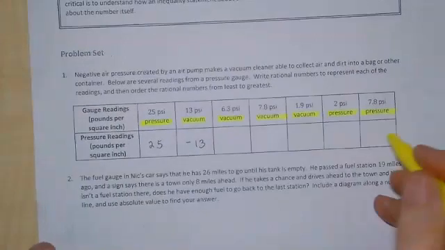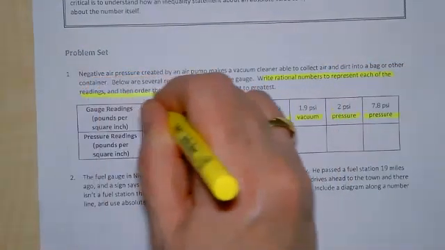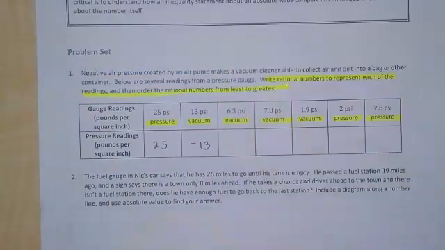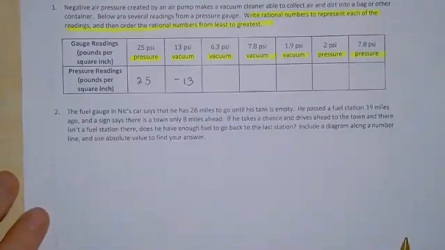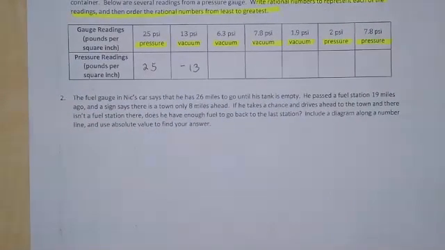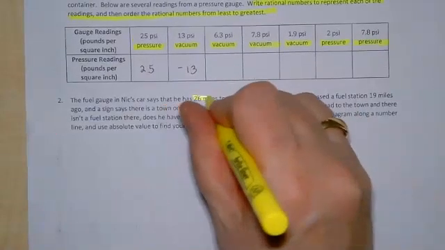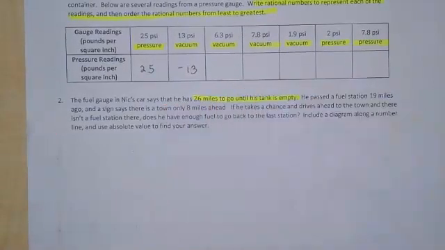So you're going to fill in the chart. You're going to write the rational numbers from least to greatest. And then I want you to go down, because before you start that, we're going to go down here and draw another picture. Okay. The fuel gauge in Nick's car says he has 26 miles to go until his tank is empty.